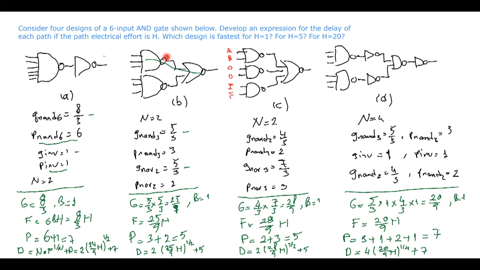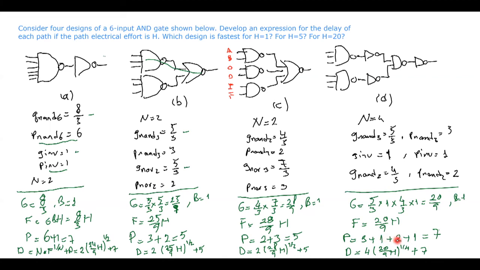And for h equal to 5, I don't know. They will yield closer results. Again, we can say that the difference is not big enough, and this one has lots of parasitic delay. I guess, again, B is going to beat all of them. And for h equal to 20, H is now big. The last implementation can beat the other ones in terms of delay.